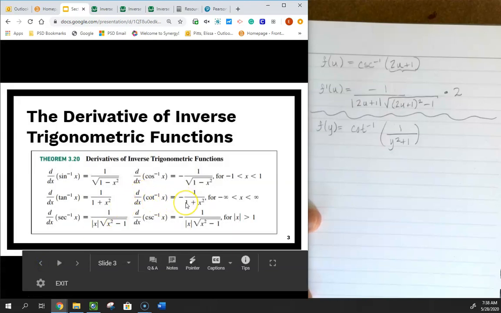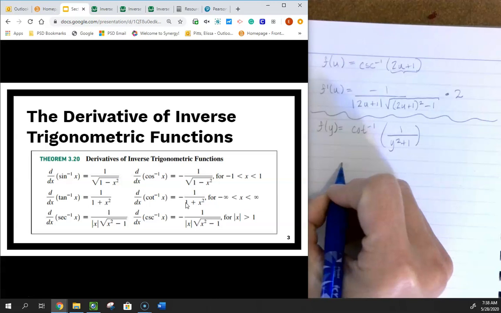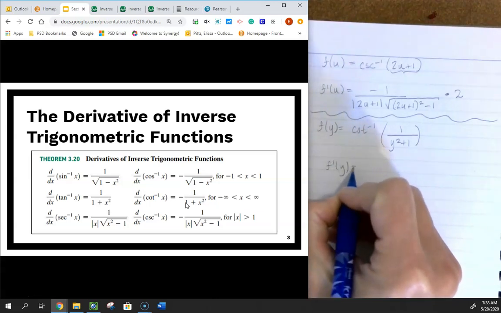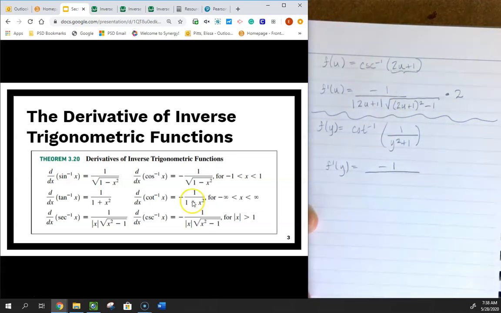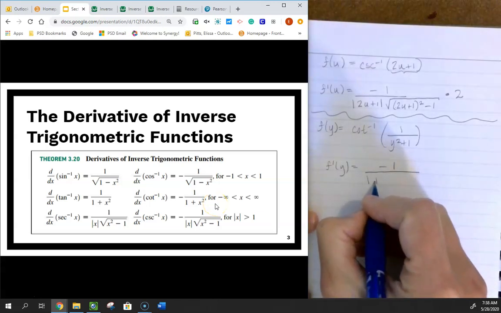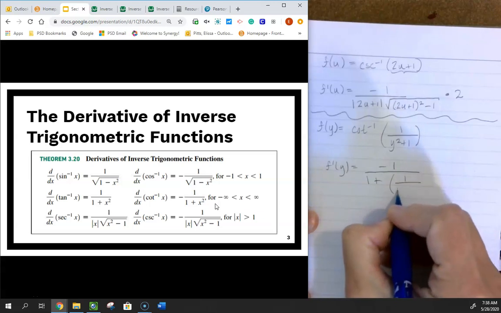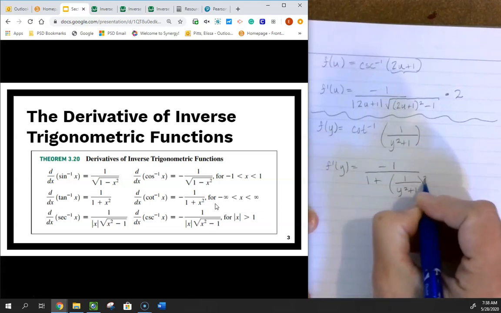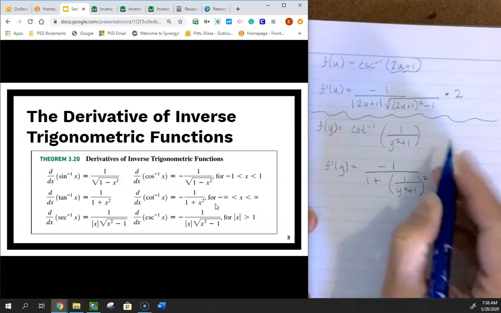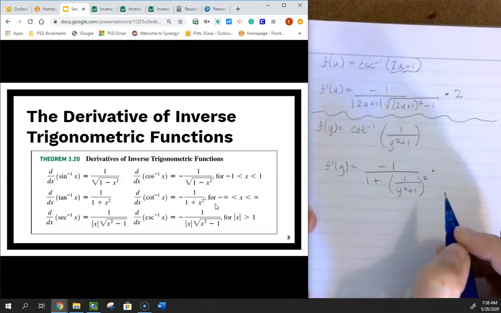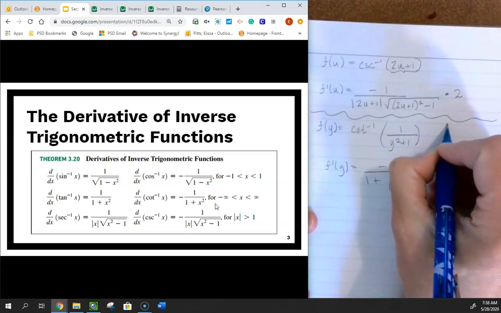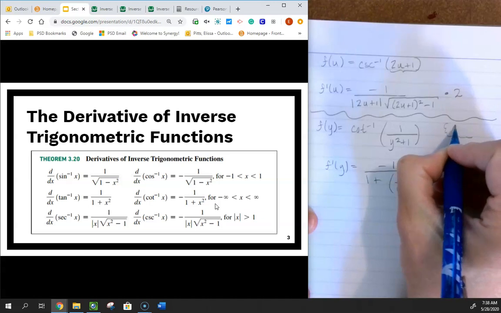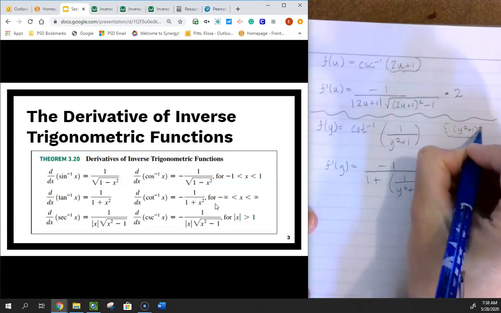Inverse cotangent is -1 over, so f prime of y equals -1 over 1 plus whatever's inside of there squared, 1 plus 1 over y squared plus 1 squared times the derivative of 1 over y squared plus 1. So I'm going to rewrite 1 over y squared plus 1 over here as y squared plus 1 to the -1 power.